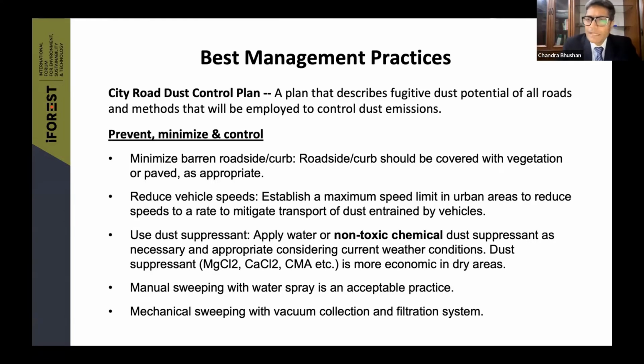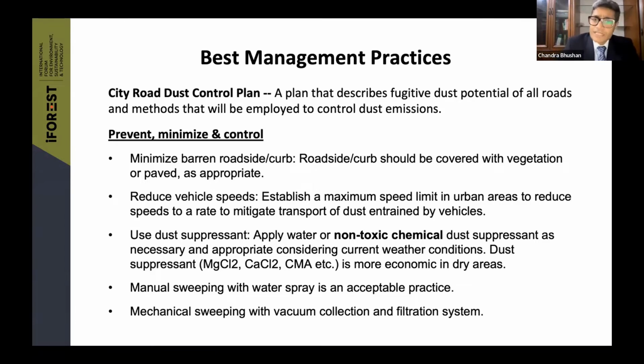But these should be applied with caution. You should not use them in a disproportionate amount, because after all, these are salts, and these salts will get washed through rain. They will get into your water bodies and contaminate your water body.